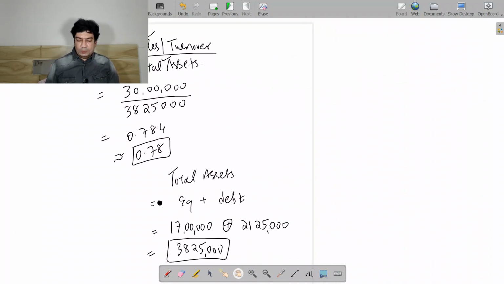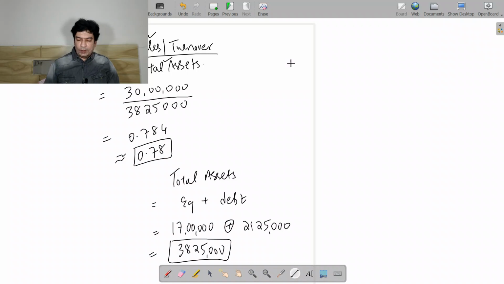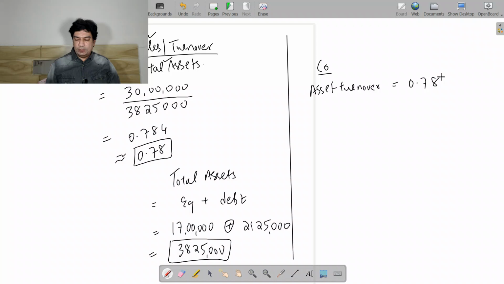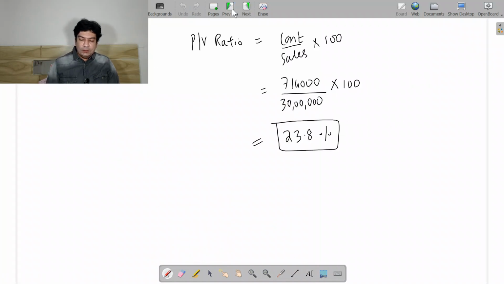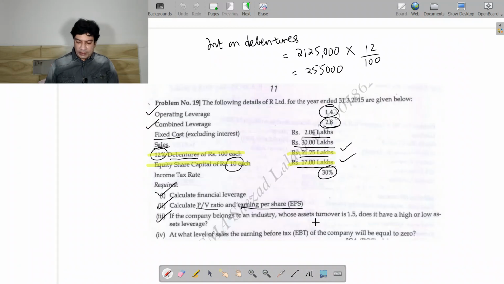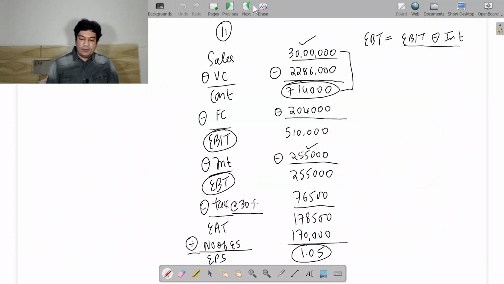Now we as a company have an asset turnover of 0.78, but the industry has an asset turnover of 1.5.